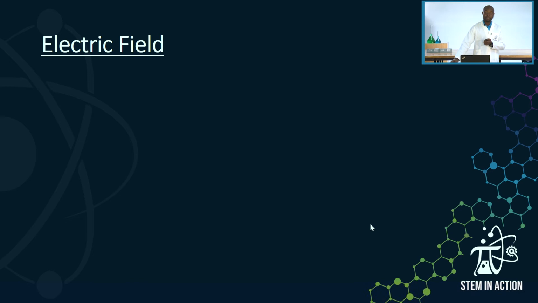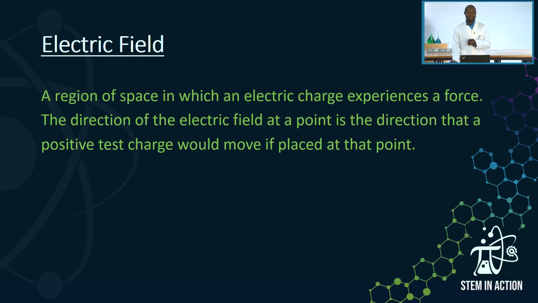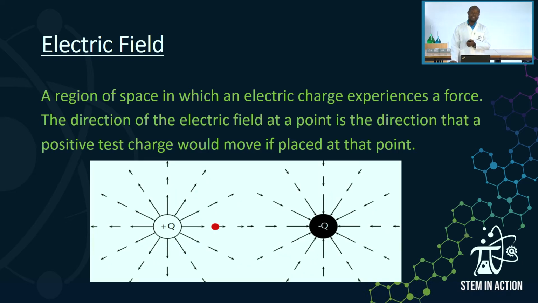Electric field. So an electric field is a region of space in which an electric charge experiences a force. The direction of the electric field at a point is the direction that a positive test charge would move if placed at that point. So what we're simply saying is that we already established that charges can either be positive or negative or neutral.